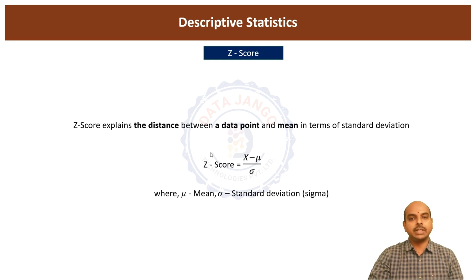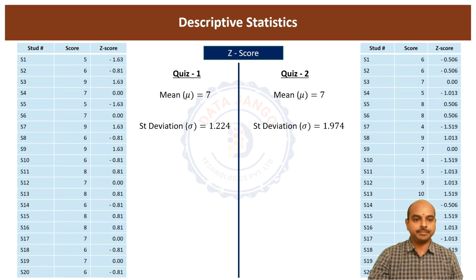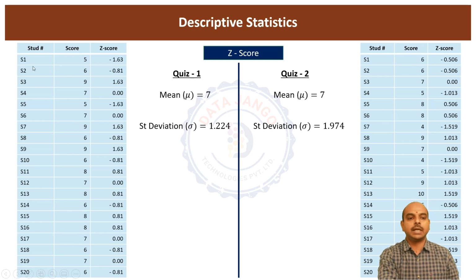So let us try to see how to calculate this for the data set. There will be one z-score for each data point, because each data point is far from the mean. Some distance will be there. So we want to understand that distance in terms of standard deviation. Here, if you look at the first student's score, it is minus 1.63 standard deviations away.